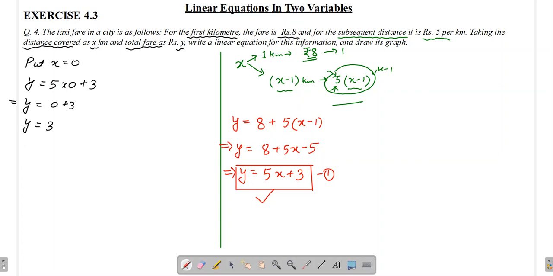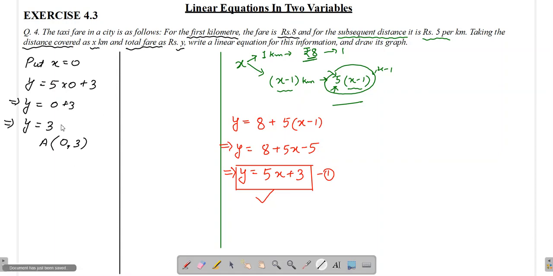So the first solution is 0 comma 3. We can name it as point A also. Now we need two more solutions, so let's find two more solutions.